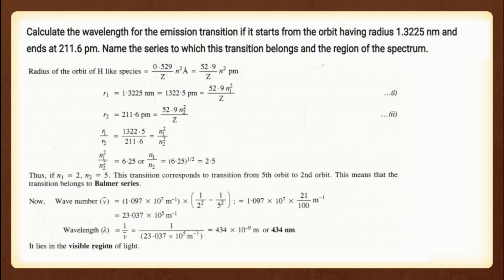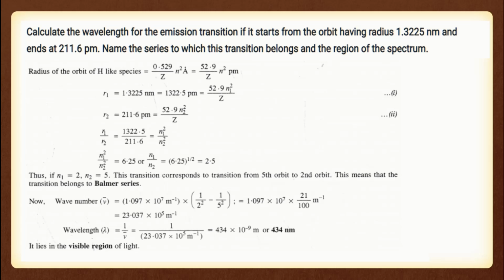R1/R2 = 1322.5/211.6 = n1²/n2². Therefore, n1²/n2² = 6.25, or n1/n2 = √6.25 = 2.5. Therefore, if n1 = 2 and n2 = 5, the transition corresponds to 5th orbit to 2nd orbit.